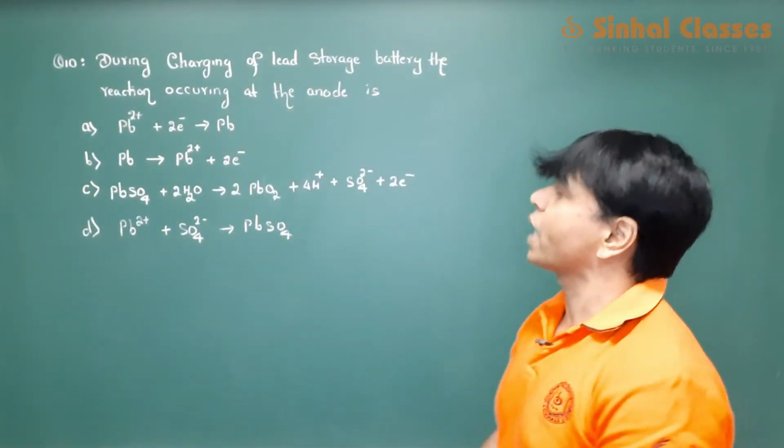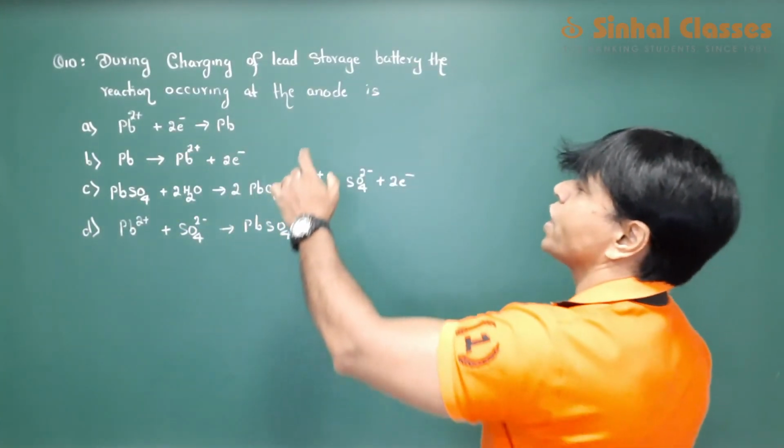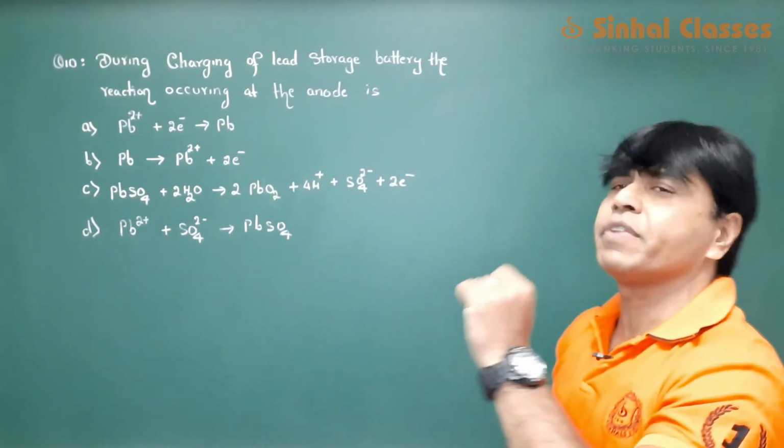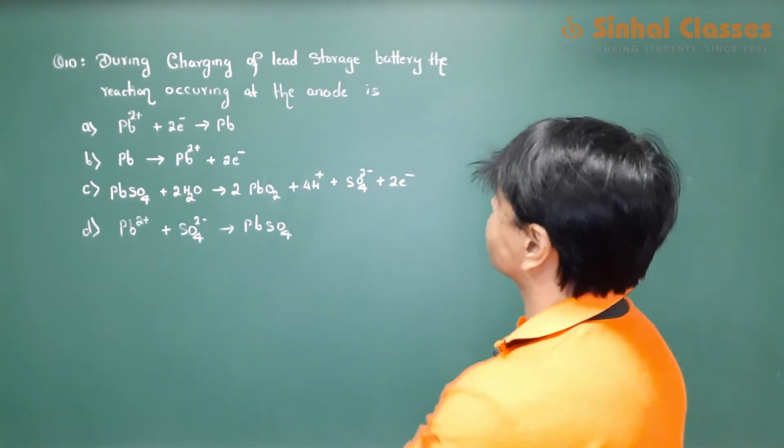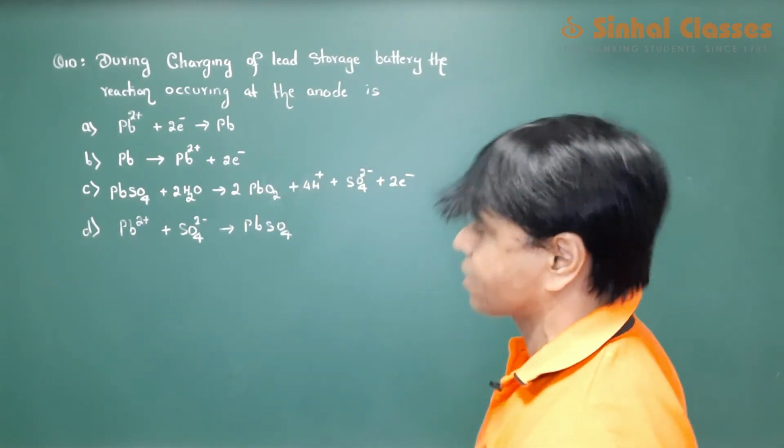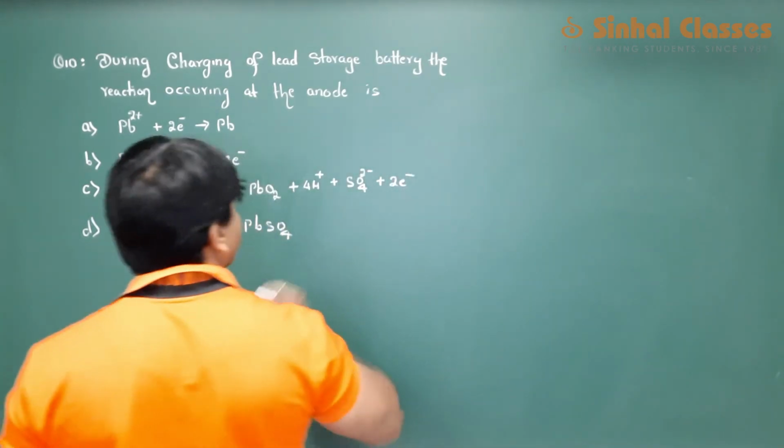Okay student, have a look at this question now. During charging of a lead storage battery, which is called a lead accumulator, what is the reaction occurring at the anode?